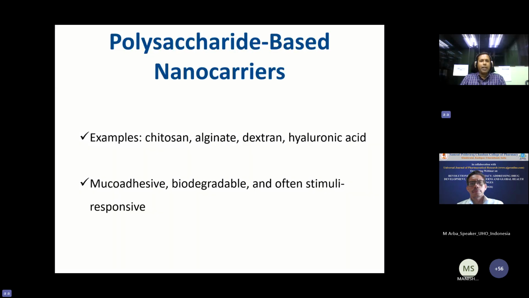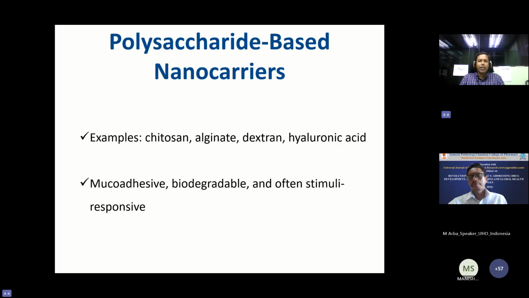So the next is polysaccharide-based nanocarriers. I believe that most of the scientists working on drug delivery system development are using a huge amount of polysaccharides, for example chitosan, alginate, dextran, or hyaluronic acid, which have unique properties: they are biodegradable and mucoadhesive.